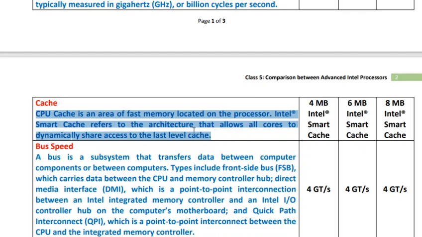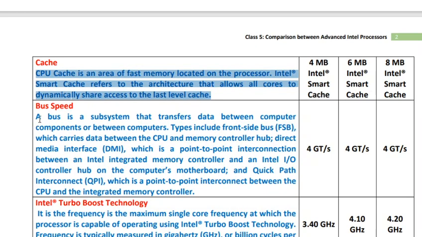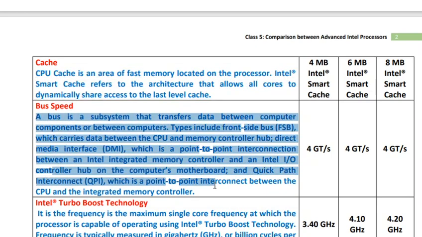Now bus speed. A bus, as we all know, is a subsystem that transfers data between computer components or between computers.